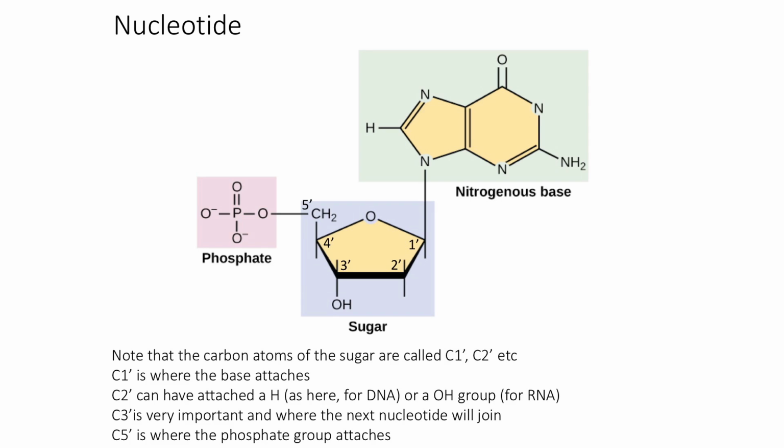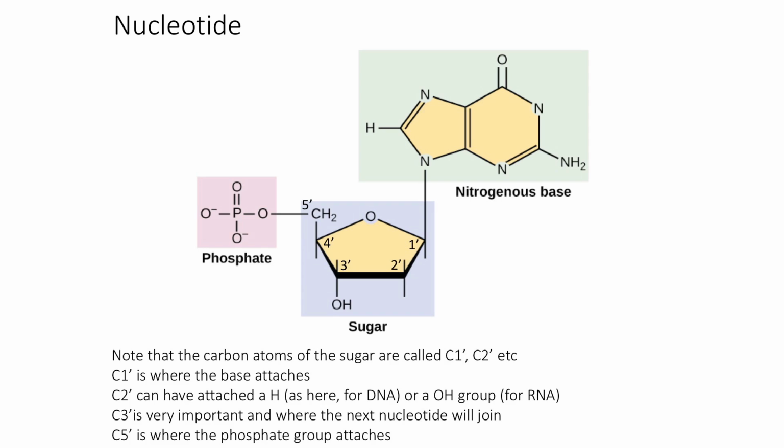It's called a 5' carbon, and it'll become important in a little moment. And those other 4', 3', 2', and 1' are the carbons of the sugar. And you can see that there are a couple of hydroxyls here. That 3' hydroxyl is really important, and we'll talk more about it in a moment.